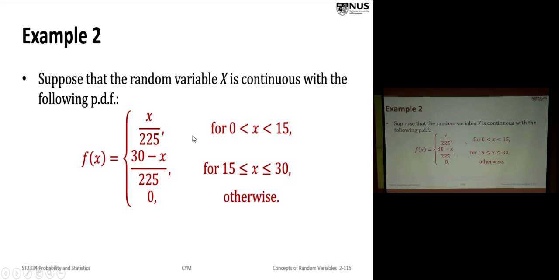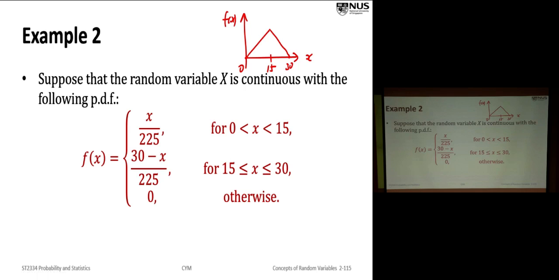Okay, so now let's look at an example for a continuous random variable. The PDF is given in this form. So the PDF f of x, all right. Between 0 and 15 it goes up, and then comes down from 15 to 30.